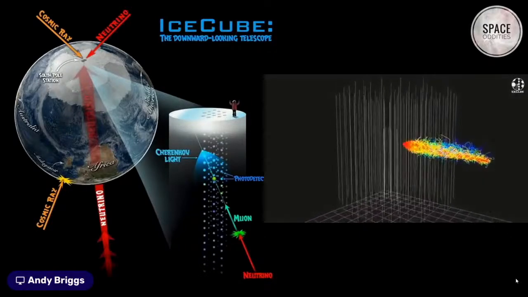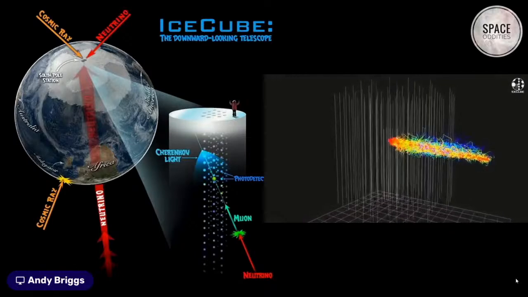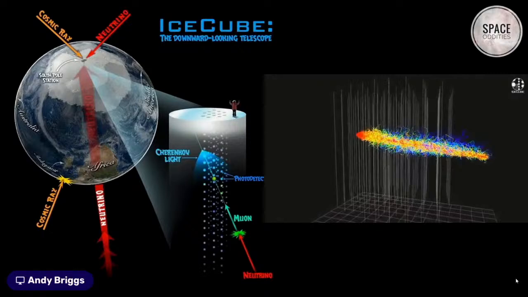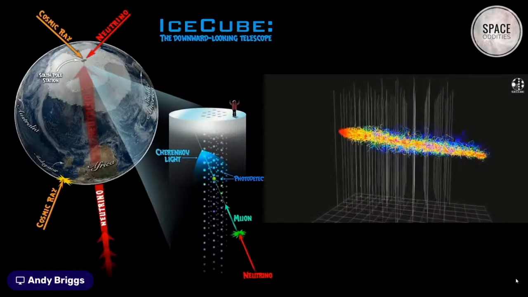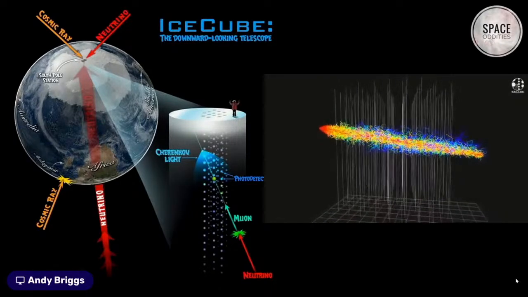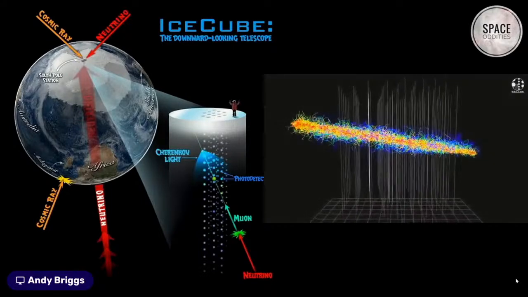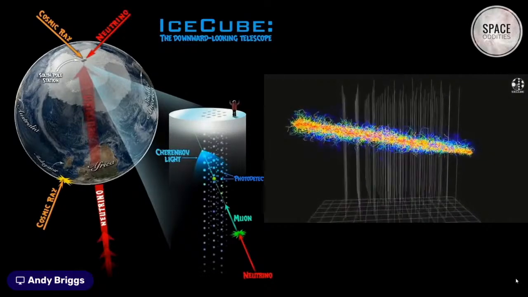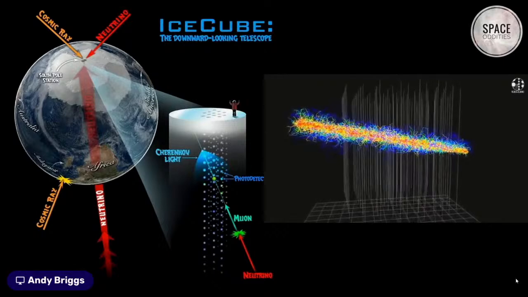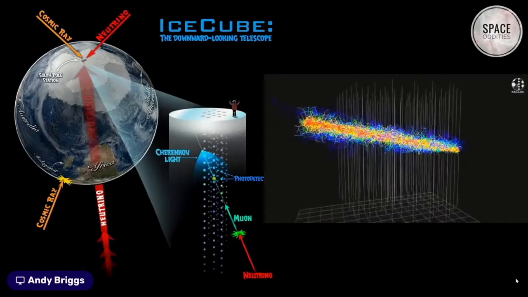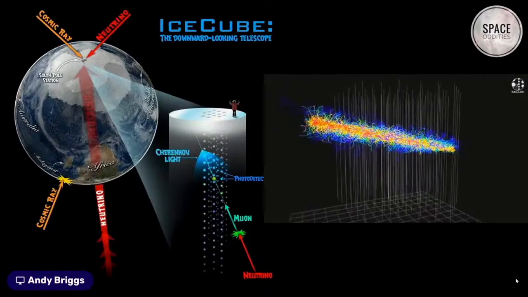This is actual data, which represent the Cherenkov radiation that's given off. And this is the path of a muon, one of the shower that results when a cosmic ray decays in the upper atmosphere. And as you can see, they can work out exactly where it came from on the sky because of its path. So what is this all about, really?